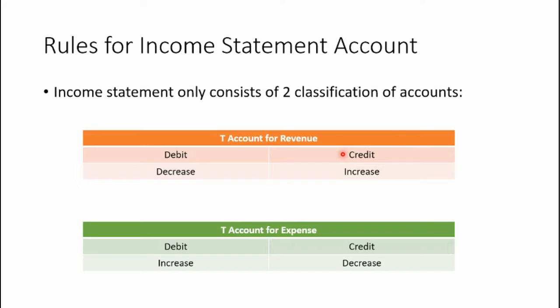An increase in fees earned will be recorded in credit side, but a decrease of revenue will be recorded in debit side. And for expenses, if we record a new expense, for example rent expense or salary expense, they will all increase in debit side and a decrease in expense will be recorded on credit side.